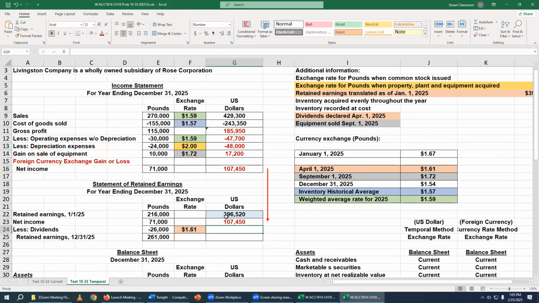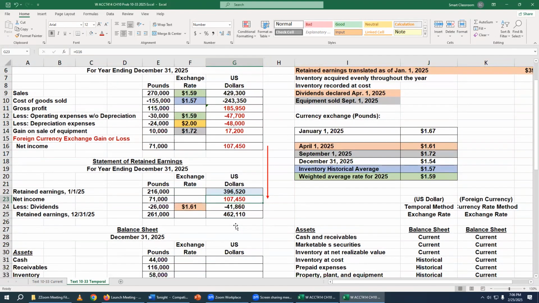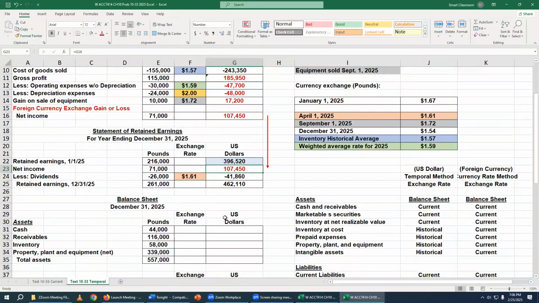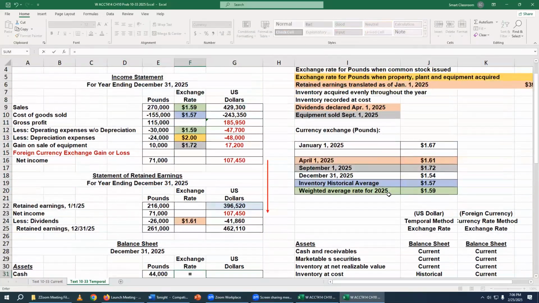All right, so this will be... Cash is going to be at year end, and receivables will be at the year end rate, the current rate, and that's why they get this.